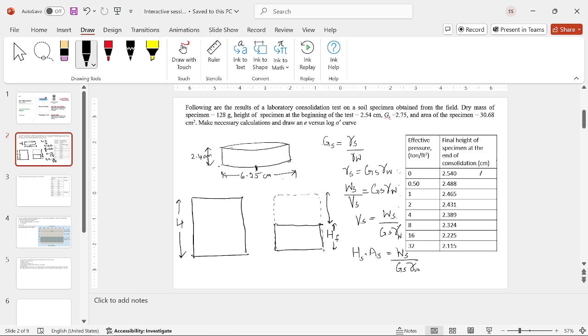Let's assume that the area of solids is equal to the area of the specimen, then we will have height of solids equivalent to weight of solids over area into GS gamma W. So from this we know WS is 128 gram.